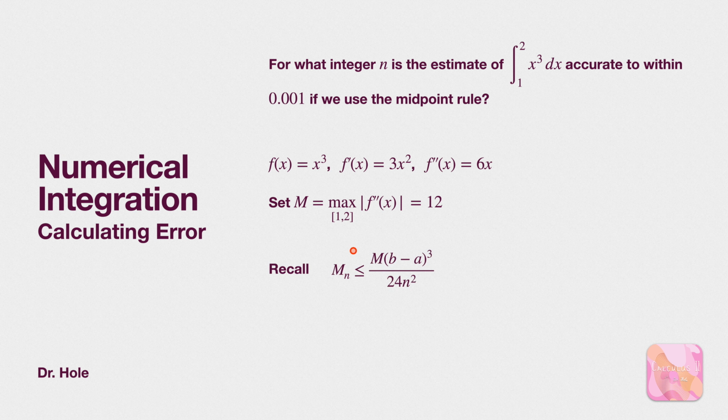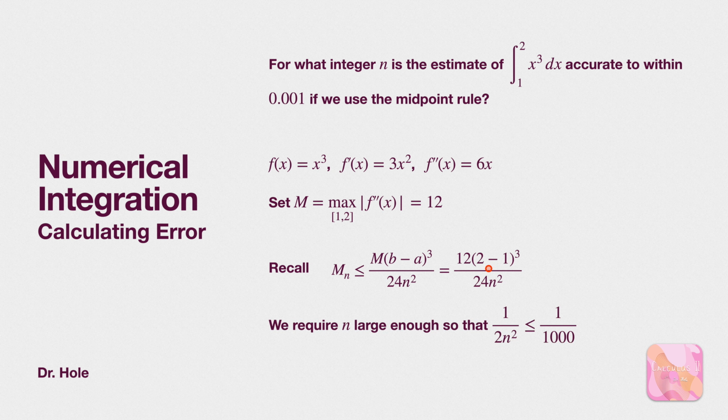Let's recall what the estimate to the error in M sub n is. It's capital M, which we have already established as 12, times b minus a, that's 2 minus 1, or 1 cubed, over 24 times n squared. If we plug in, we know that capital M is 12. That's 12 times 1. 12 over 24 is 1 over 2.